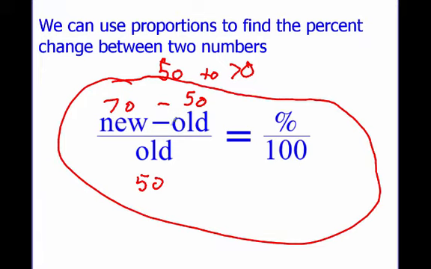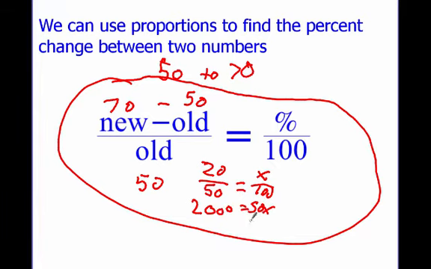So 70 minus 50 is 20, over 50 equals x over 100. Well, 20 times 100 is 2,000, and that equals 50x. Divide both sides by 50, and we get x equals 40%.